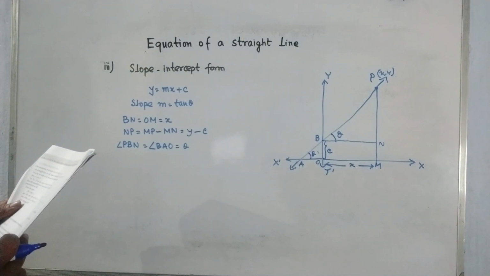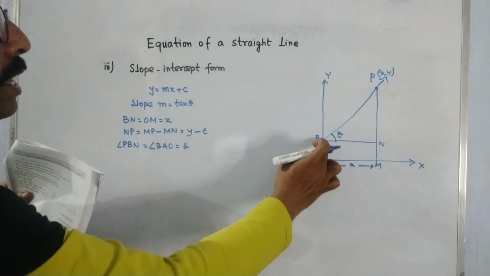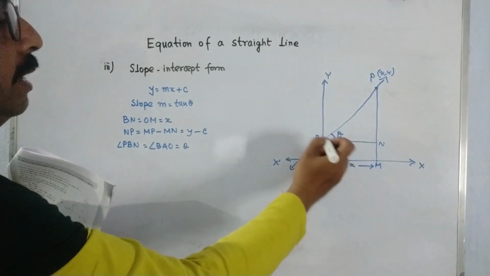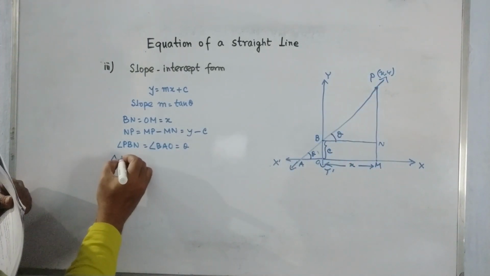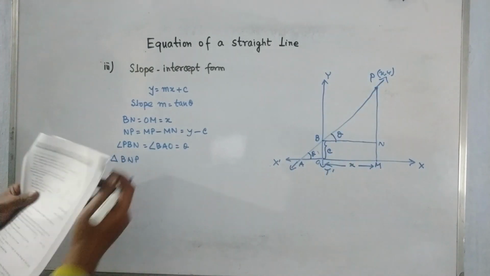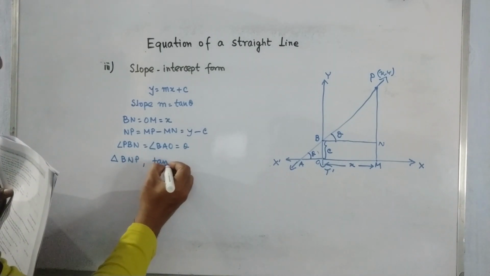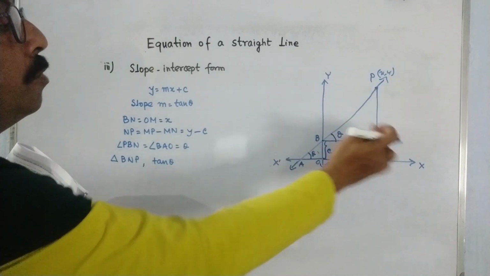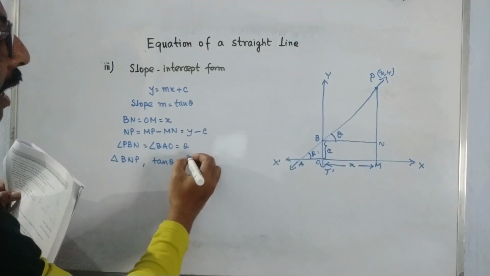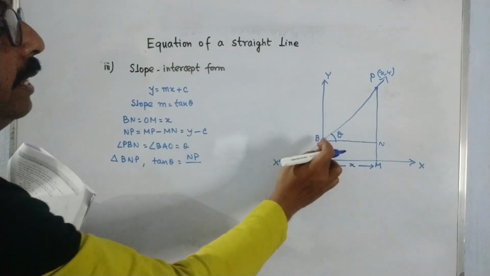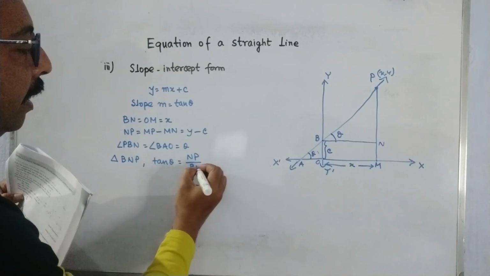From the right angle triangle BNP, tan theta equals NP by BN.